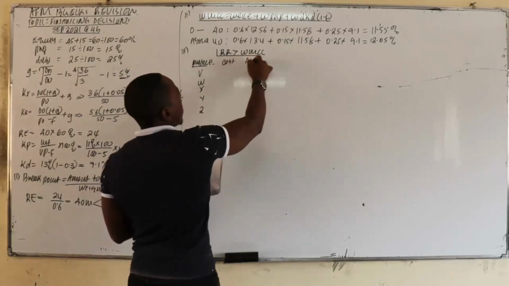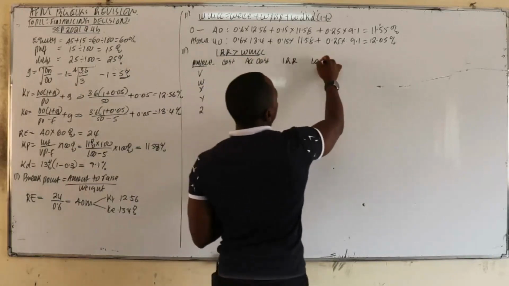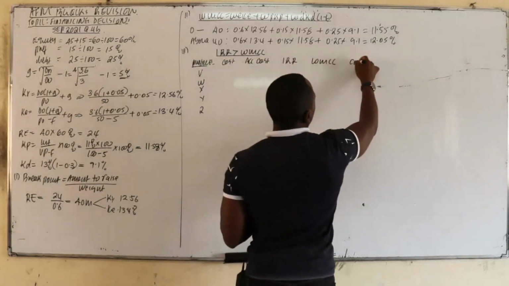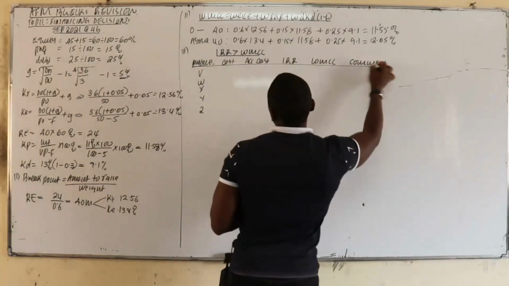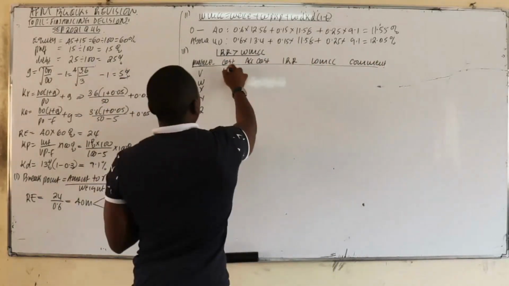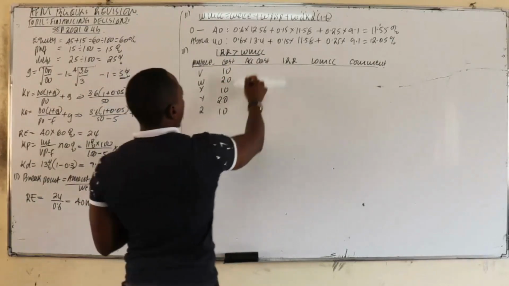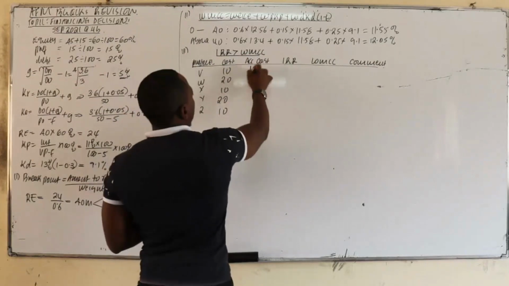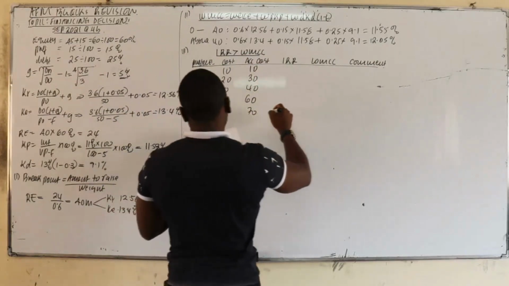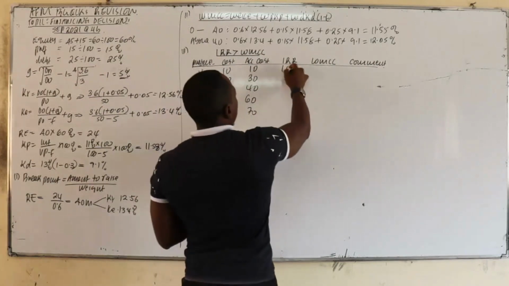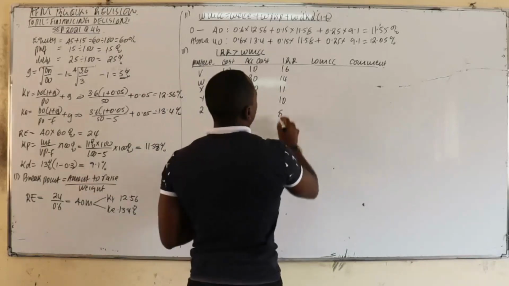Determine the cost, you accumulate the cost, then IRR, compare against WMCC, and then you make a conclusion. The costs are 10, 20, 10, 20, and 10. Now we accumulate: 10, 30, 40, 60, and 70. IRR, we had 16, 14, 11, 10, and 8.